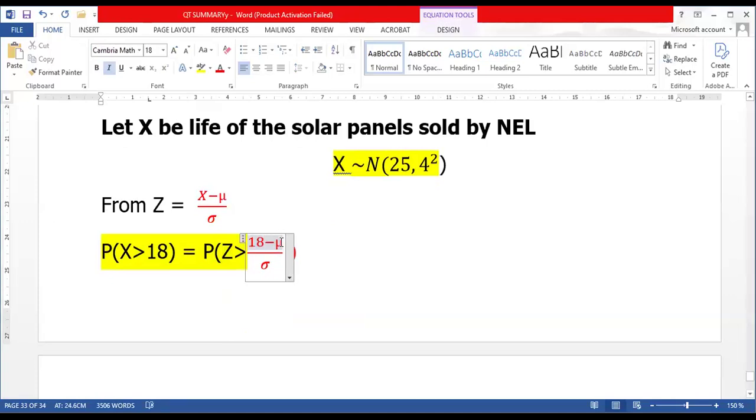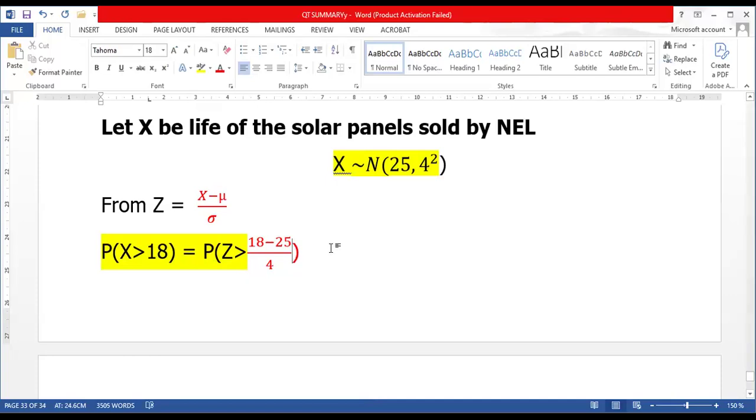Because I want to standardize, I remove the mean, which is 25. Then what is my standard deviation? It is 4. In that way, you will have standardized your X.